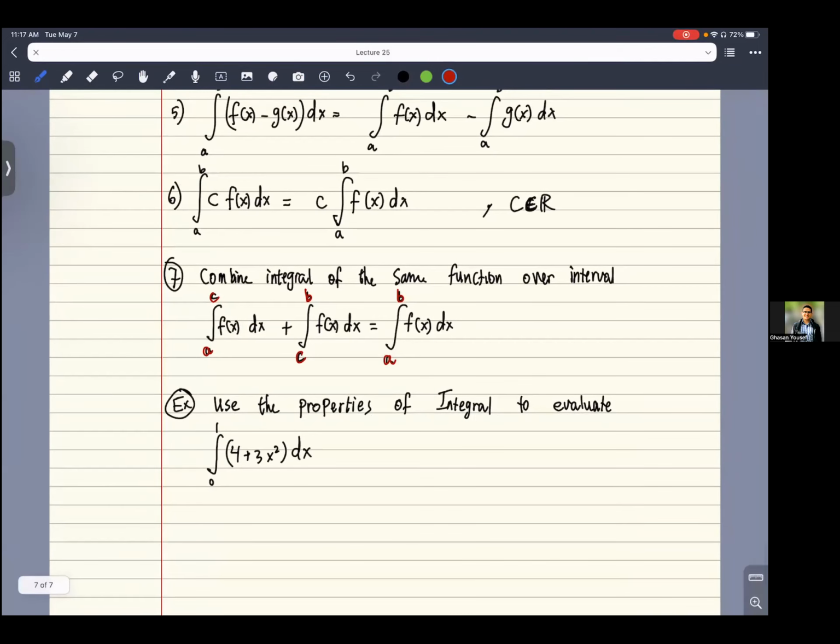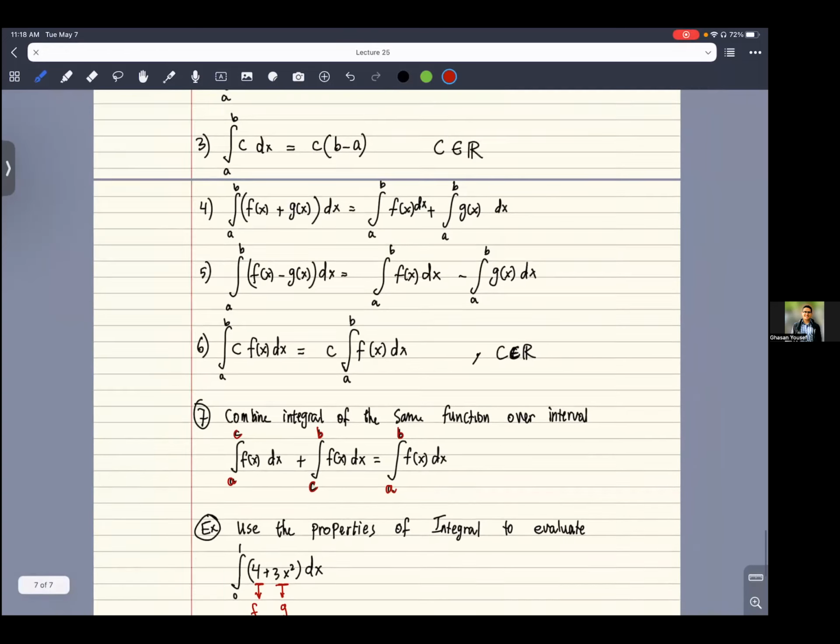By the way, if you want to break down this function, this is the first function f, and this is the second function g. How can we find the integral for something like that? By using the properties from 1 to 7.